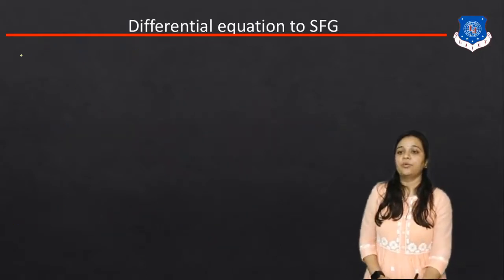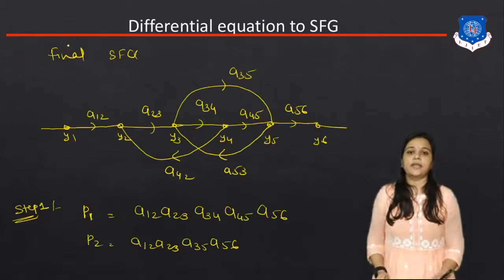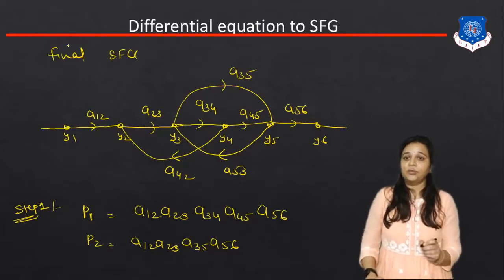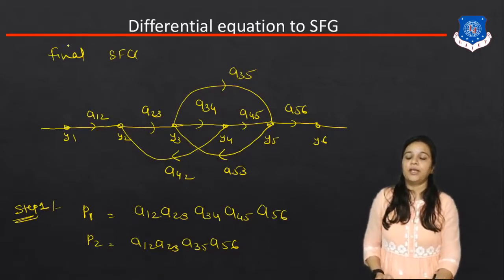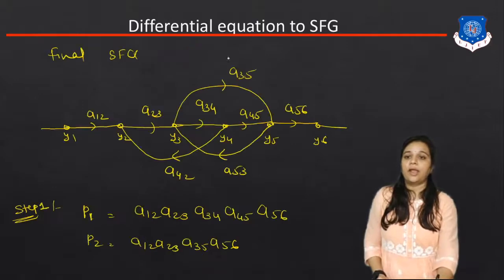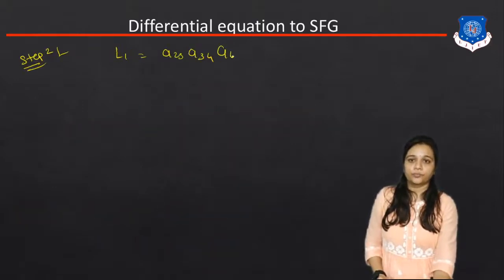Now step number 2, you have to find the number of individual loops. So here the first loop is A23, A34 and A42.